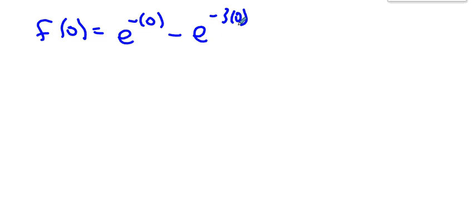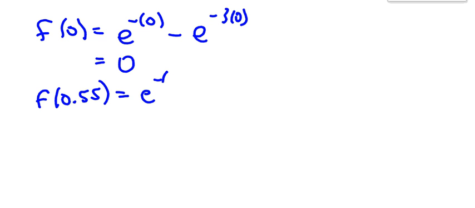So f at 0, so it was e to the negative x minus e to the negative 3 times x. So e to the 0 is 1 minus 1. 1 minus 1 is 0. So that's the value when x is 0. So now I'm going to sub in that critical value we found.